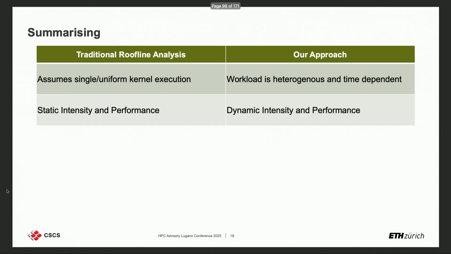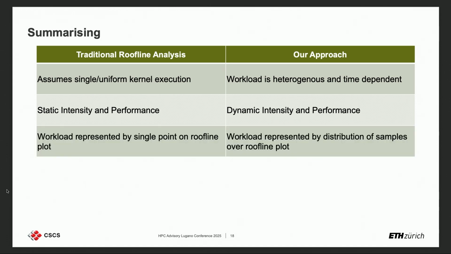Traditional roofline analysis uses a static intensity and performance, so the workload is represented by a single point, while in our case, we have dynamic intensity and performance. Again, the workload in the classic model is represented by a single point. In our case, as I showed you, it is a distribution of samples over a roofline plot.